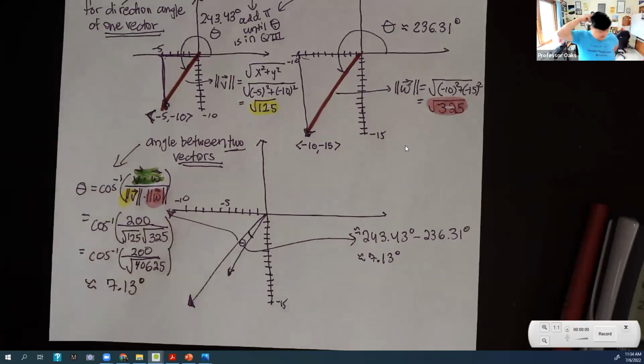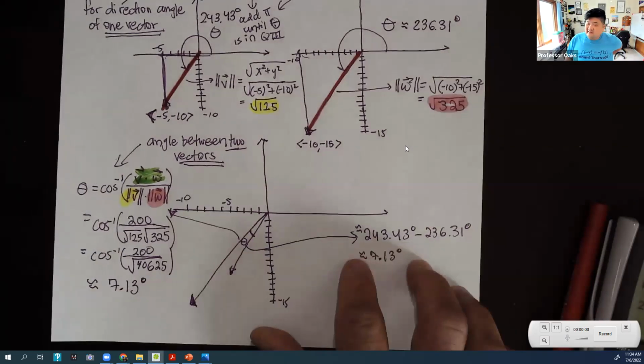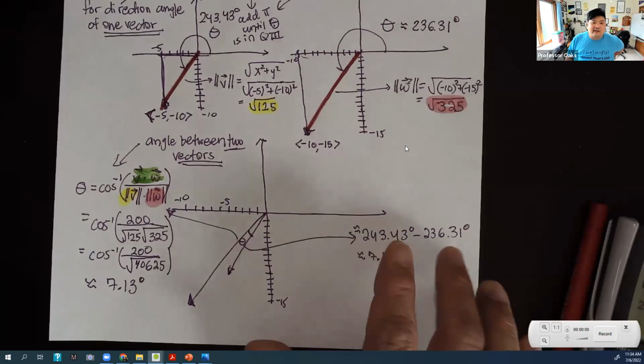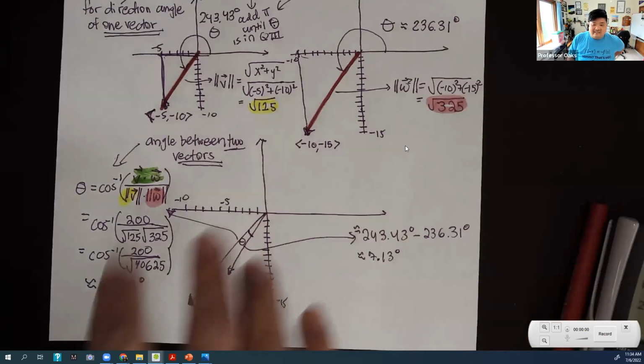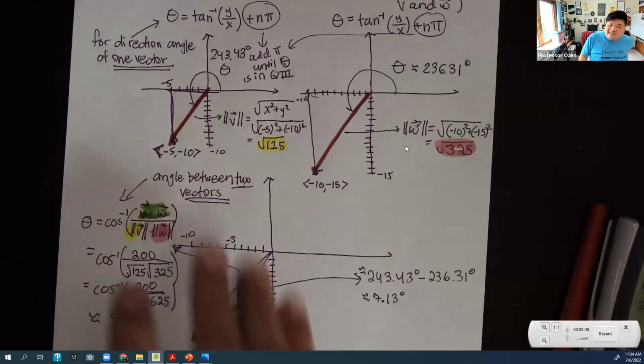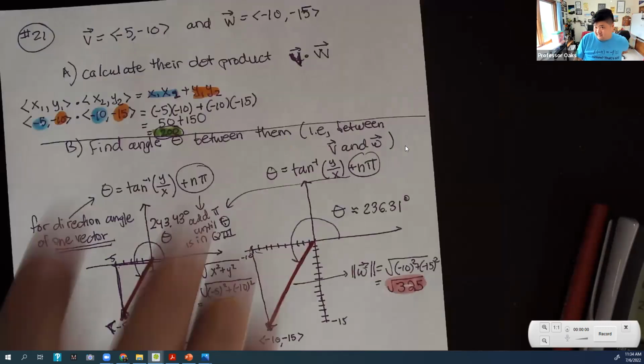So in all honesty, since you already know how to do the tangent formula, you could, like I said, just do the tangent formulas and subtract them. The only reason why this is here is because it's an application of the dot product, which is this guy up here.